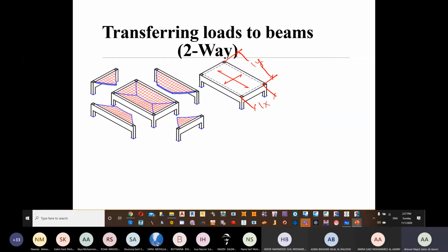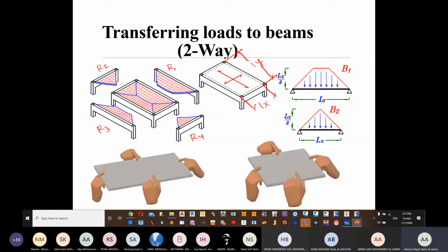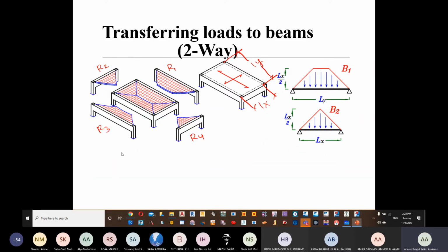Since there are 4 beams, there are 4 regions. You can see region number 1, region number 2, region number 3, and region number 4. This is what you can see when 4 people are pulling, whether it's a square or a rectangle. The same concept applies.